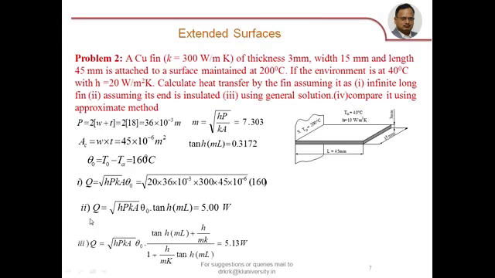And the second case is Q equal to square root of hPkA theta naught into tanh(mL). Square root of hPkA into tanh(mL), where tanh(mL) value is 0.3172. So we will get the answer 5 watts. So perhaps this answer is 5 by 0.317.